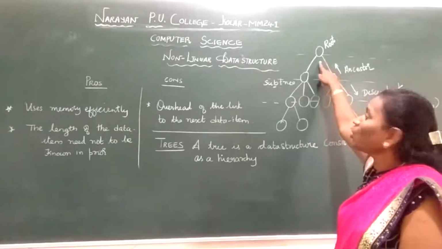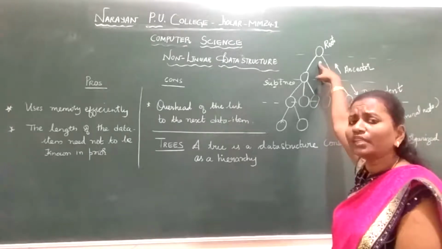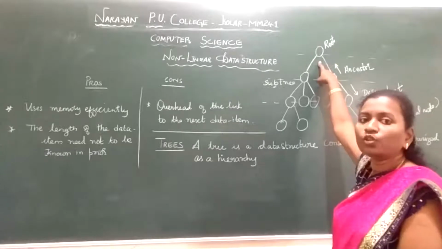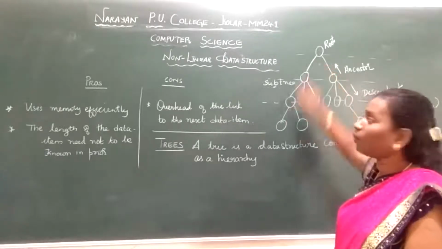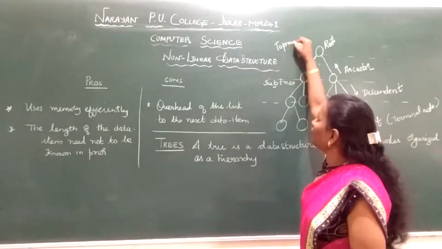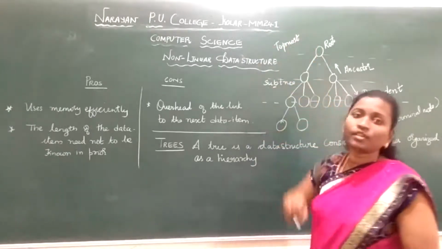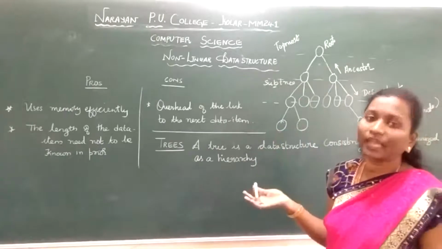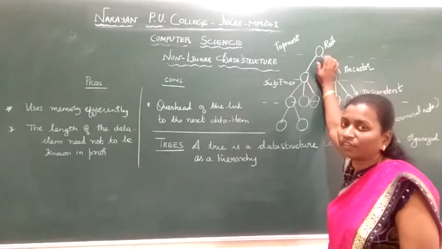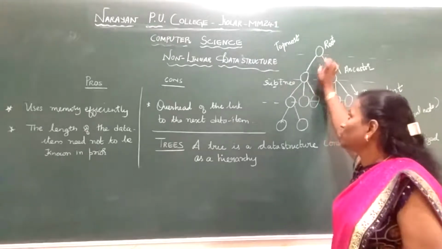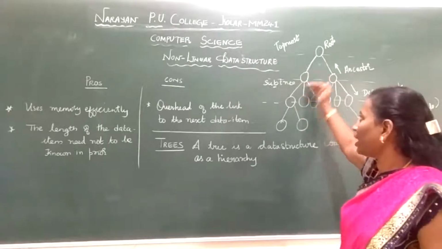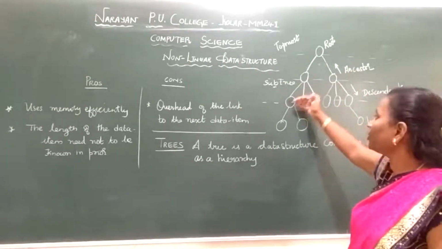The topmost node we call the root node or the parent node. The root is the topmost node in the hierarchy, and the root will not have a parent. Next we have the other subtrees, and again other nodes.